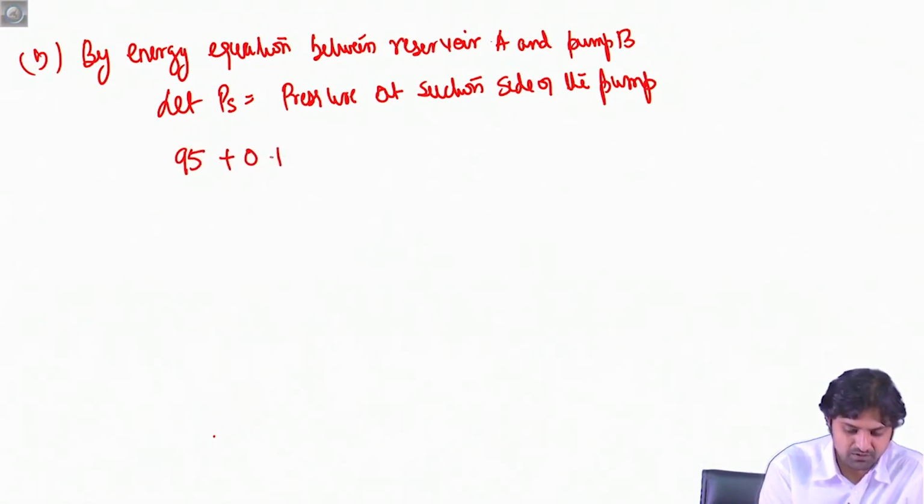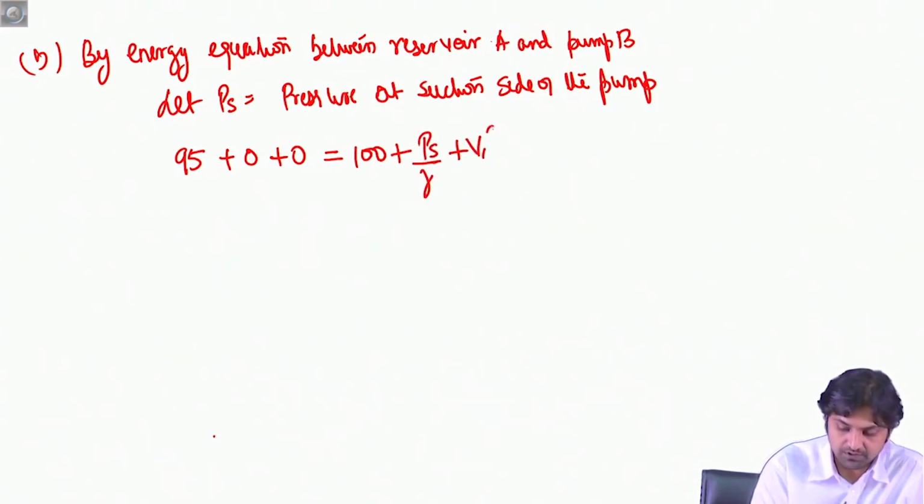95 plus 0 plus 0 will be equal to, the pump is at Z equal to 100, plus the pressure PS by gamma plus V1 squared by 2g plus losses in the suction pipe.